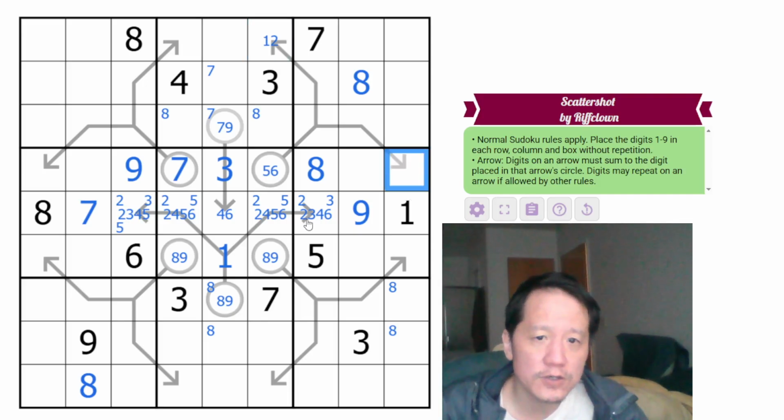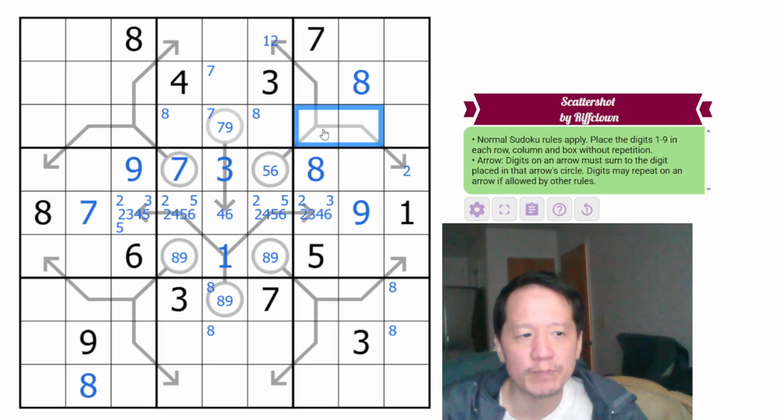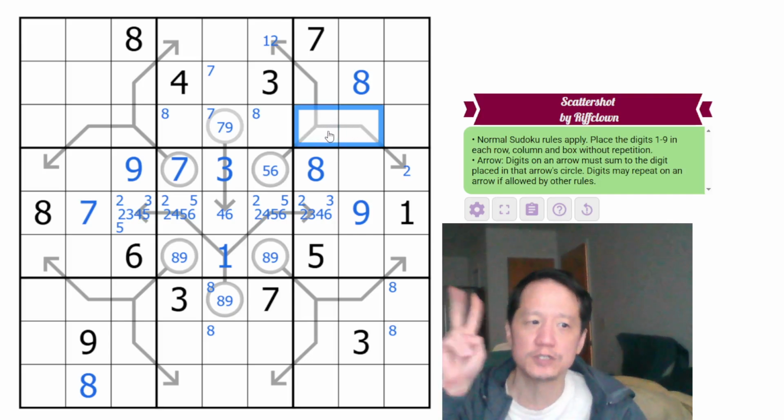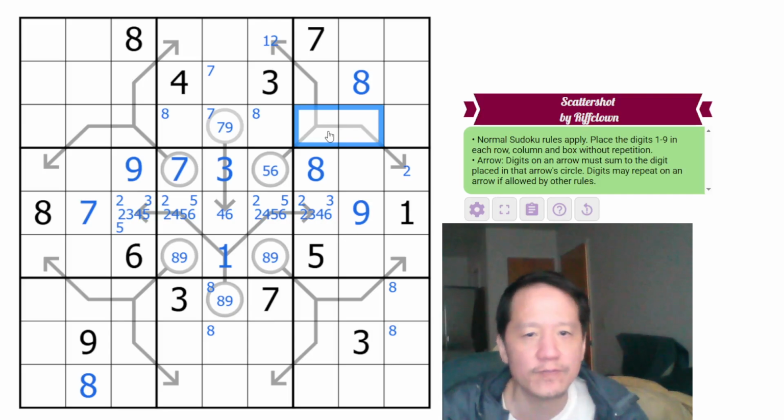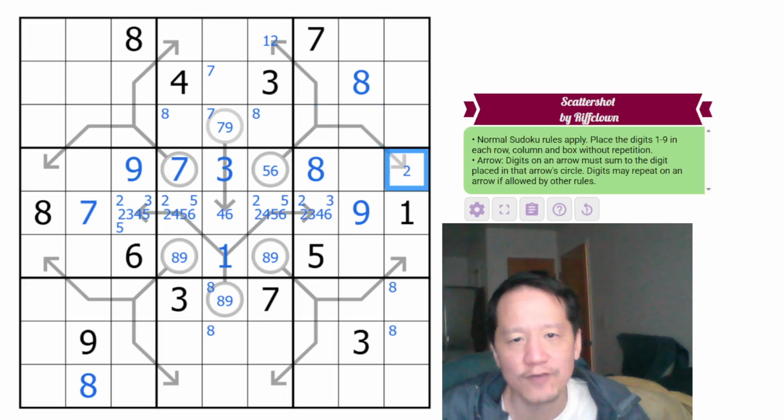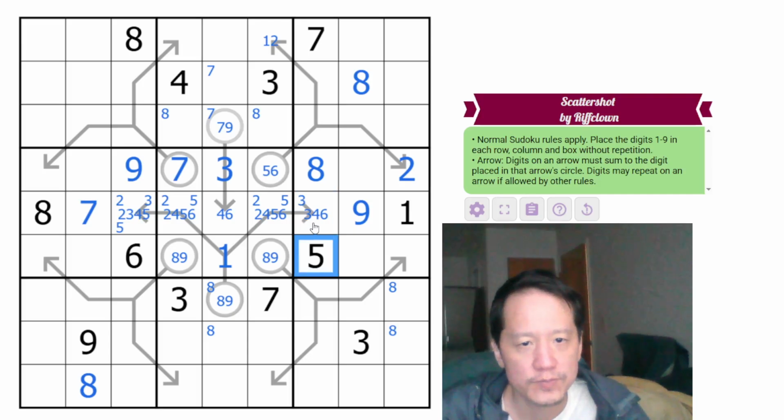This could be 2, but it cannot be 1 or 3 because of the digits that are already in place in the row and the same box. If this were 4, this would have to add up to at most 2 with 2 digits, and they have to be unique digits, so therefore it cannot work. So this would have to be 2. Then this is 2, which means this can't be 2.